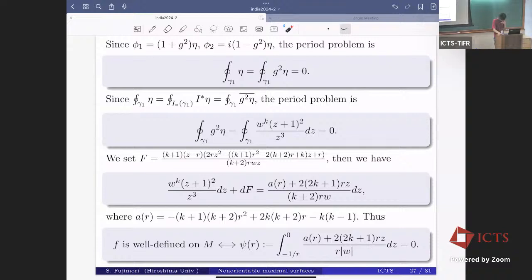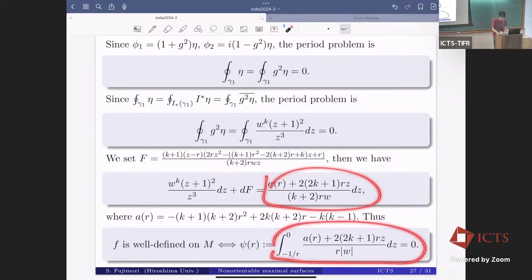And now this is holomorphic. So then we can reduce the period problem, we can collapse the path to the real axis. And F is well defined on M if and only if this part goes to 0.